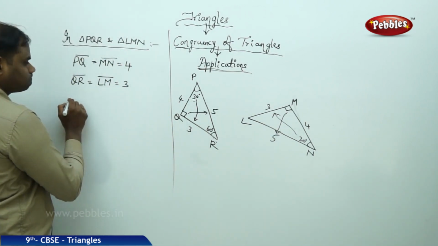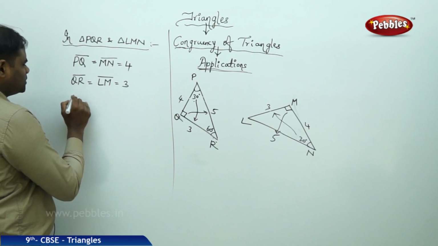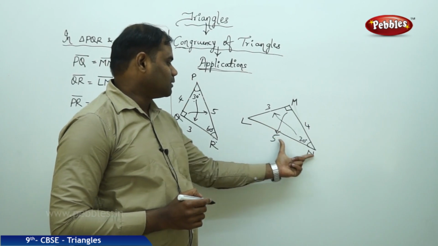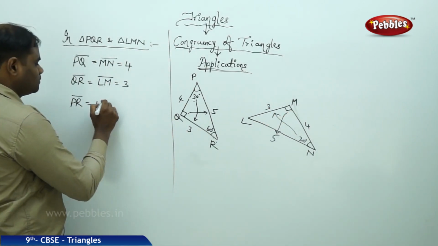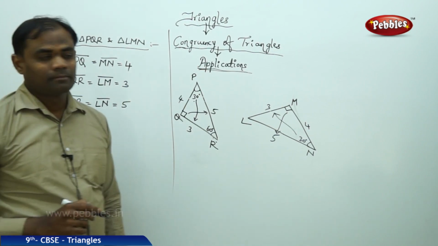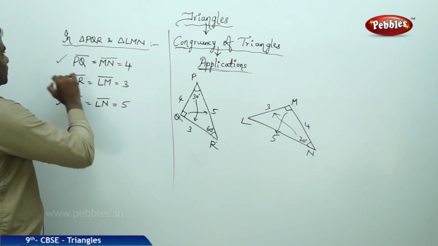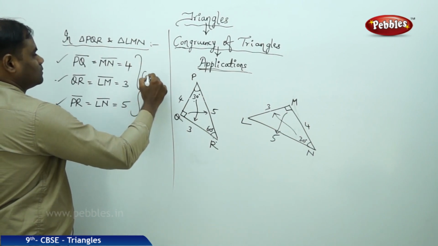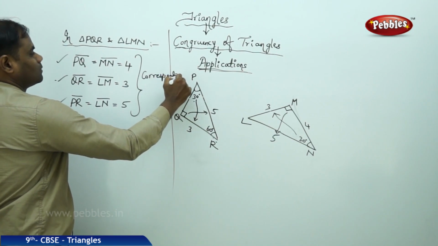Therefore, my sides PR, which is the hypotenuse for this right angle triangle, and LN, which is the hypotenuse for this right angle triangle, are equal, and in turn they are equal to 5. This is how I have all the corresponding sides equal. The corresponding sides are investigated to be equal.